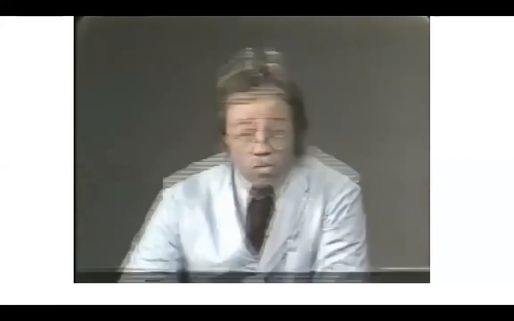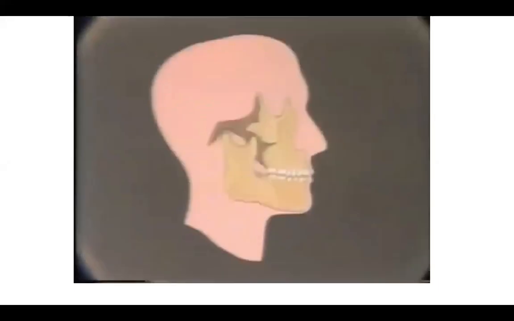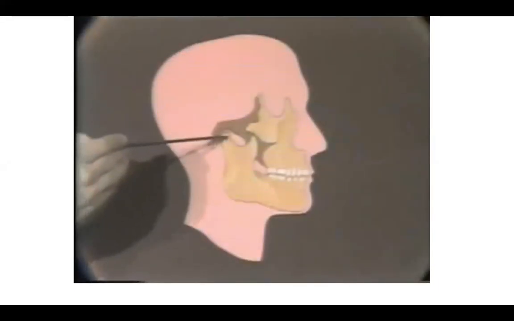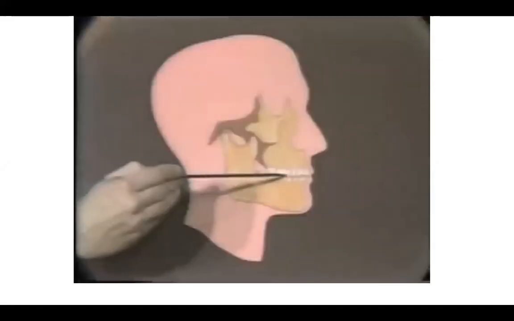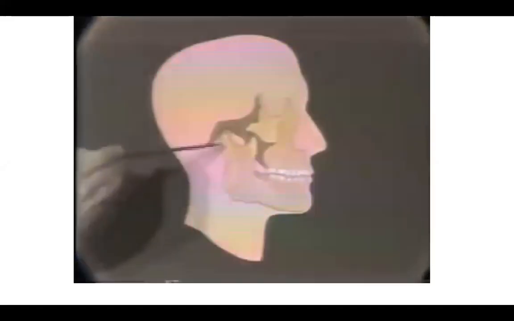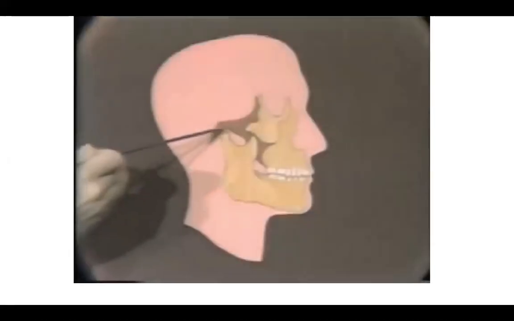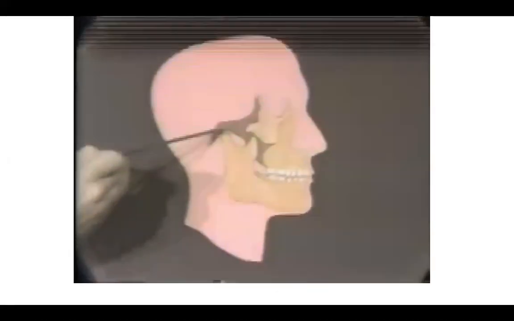This instrument simulates the temporomandibular joints of the patient, and dental casts can be attached to it. Now, graphically, if we look at the skull, we can see the condyle in the mandible, and then the infratemporal fossa of the maxilla.